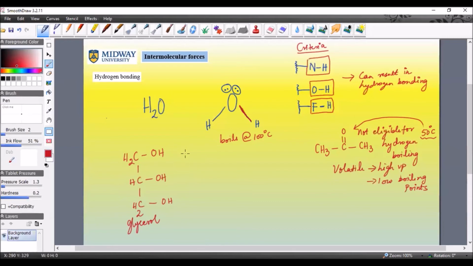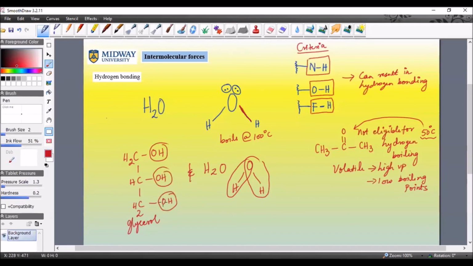Now let's say we compare this to water, which looks like this. Which one of the two would have higher hydrogen bonding? Well, water only has two sides, which is this or this. Whereas glycerol has 1, 2, and 3.